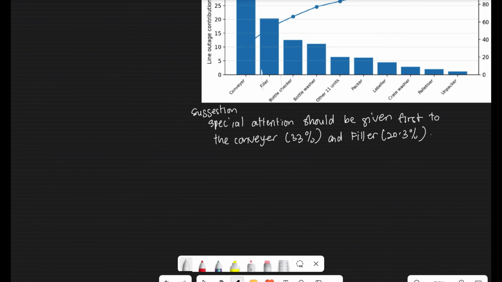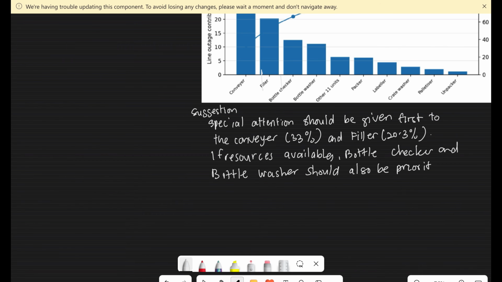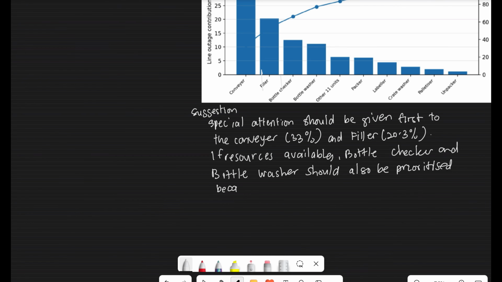Okay, if resources available, bottle checker and bottle washer should also be prioritized because these 4 subunits account for 77.2% of total downtime.